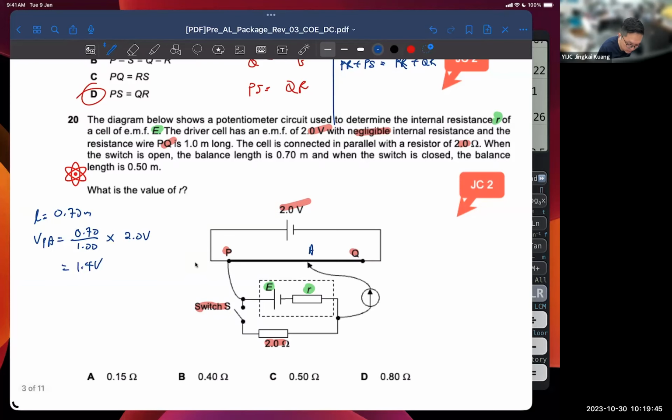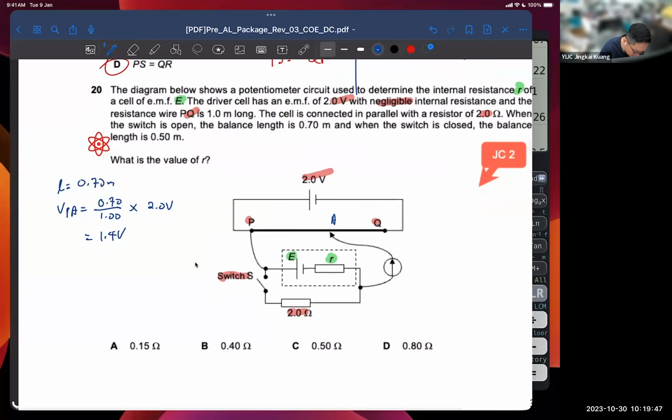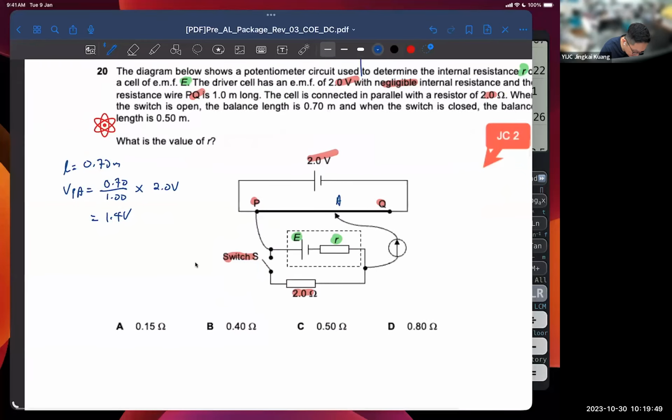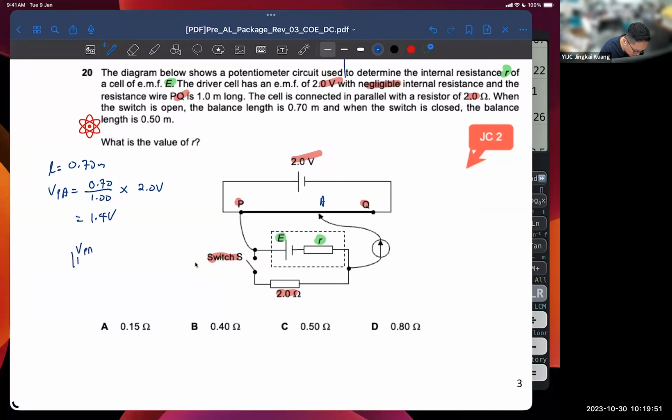Then I just redraw this circuit. You can treat this as VPA, 1.4 volts. This is connected to your unknown EMF E, with internal resistance r, and your galvanometer is here, like that.